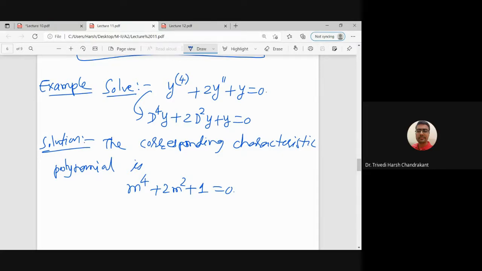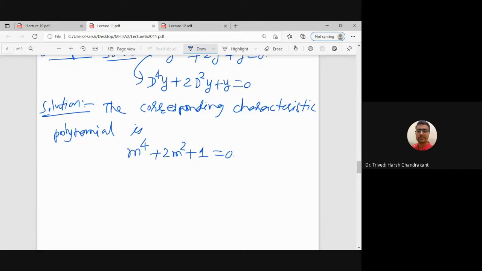Okay, so now we can see that if we substitute m square equals t, then this is a perfect square, and that means we will get two values of m square, and then we take the square root of that. So m square will be -1, and that means we will get four roots which are complex numbers.